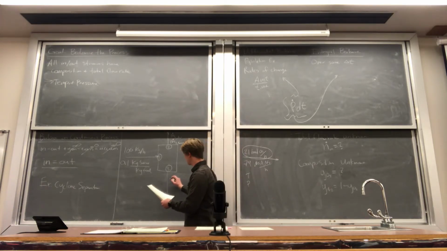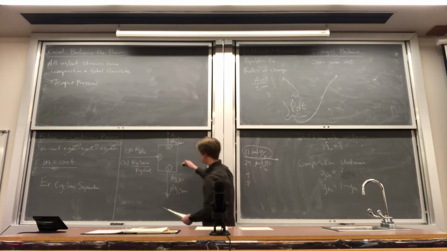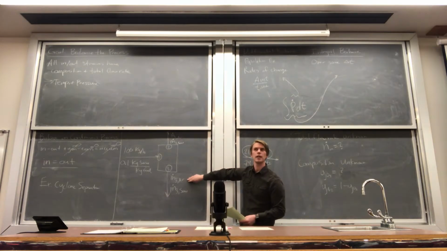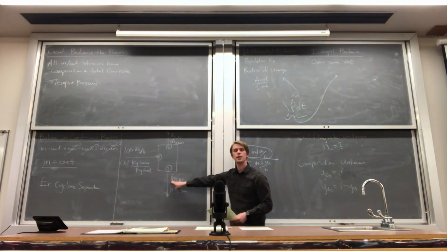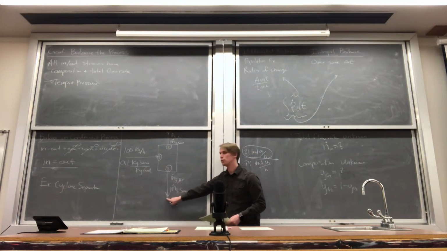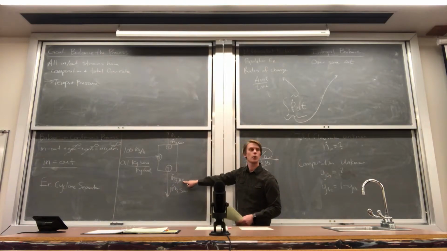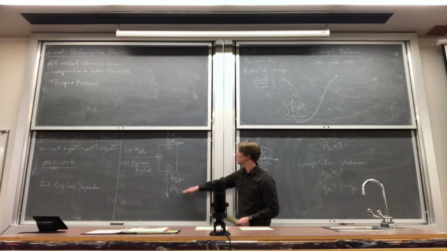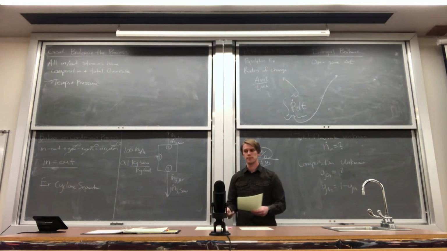And coming out of the bottom, we need to know the mass flow rate of the air and the mass flow rate of the sawdust. In my nomenclature, and this is typically how I like to do things, m signifies the mass flow rate, the dot signifies rate of change, 3 corresponds to stream 3, and air corresponds to the flow rate of air in stream 3. Same thing for the sawdust, and same thing up here.